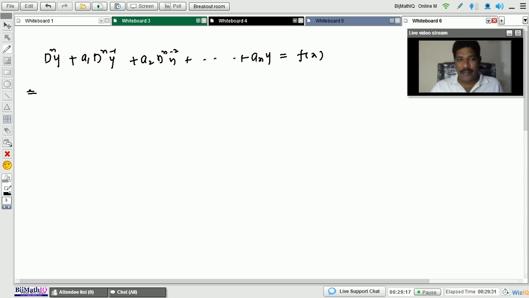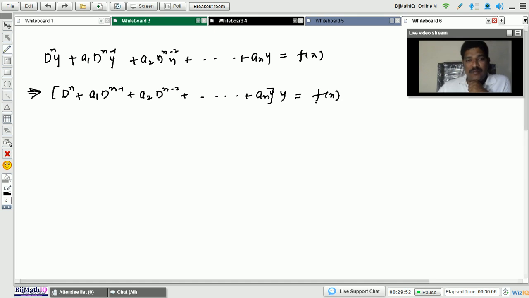Next, these are written in terms of operators, and you can also write y taken common and outside. Then you get D power n plus a1 into D power of n minus 1 plus a2 into D power of n minus 2 plus so on plus an, into y equals f of x.